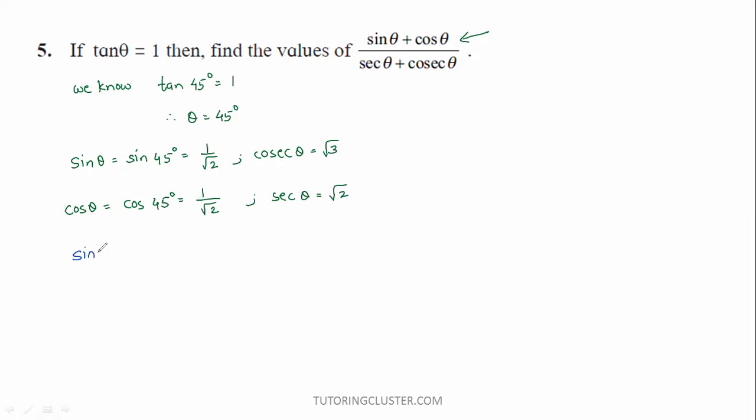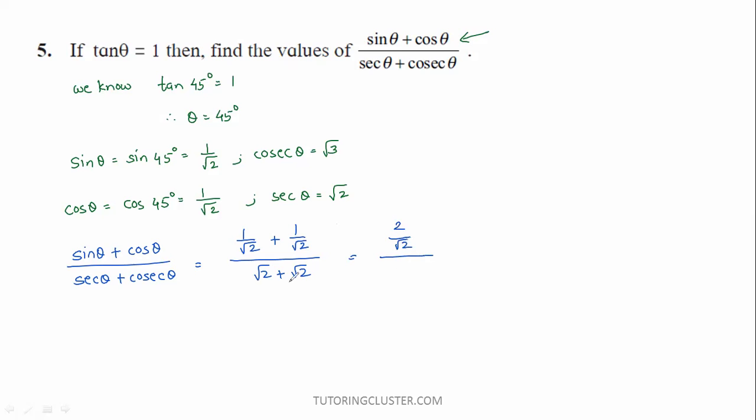Now, take this. Sin theta plus cos theta divided by sec theta plus cosec theta. Now, what is sin theta? 1 upon root 2 plus 1 upon root 2 divided by root 2 plus root 2. So 1 plus 1, 2 upon root 2 divided by 2 root 2.